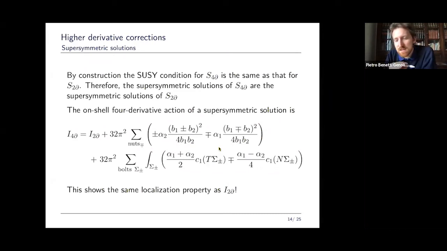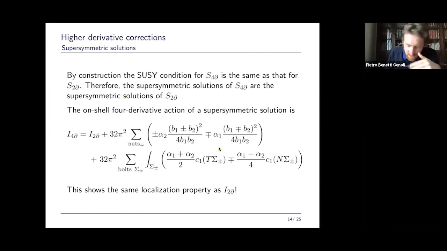Notice that it's lower order in the derivatives because it doesn't contain the divided by g, right? There is no divided by g. So when g goes to 0, which is the same as doing the lowest order in the effective field theory, the leading term will dominate, and this will be just a finite piece, okay?